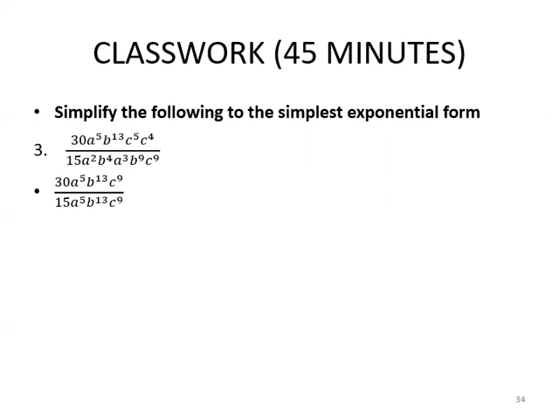Fifteen goes into 30 twice there. That's why we have the 2. Instead of doing this, you could have just done this. Same bases, same exponents, you just cross out. So you move from there to this point here.